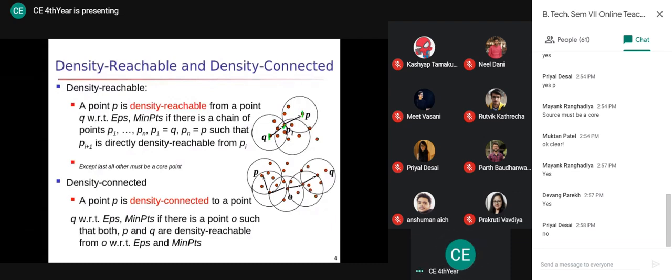For point Q, what's your comment about P1 and P? Is P1 directly density reachable, yes or no? Is P directly density reachable, yes or no, with respect to Q?